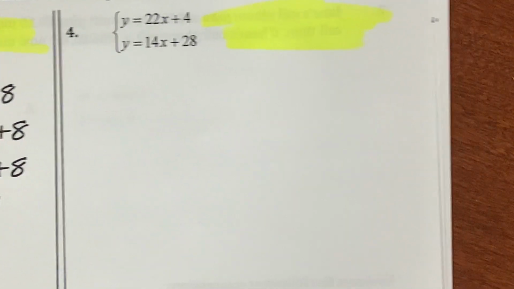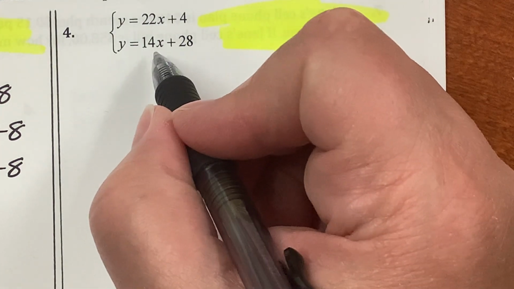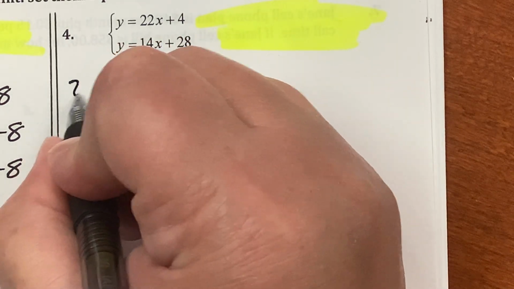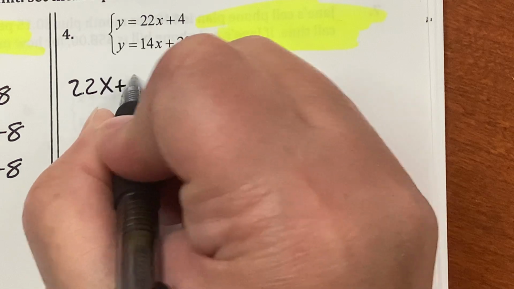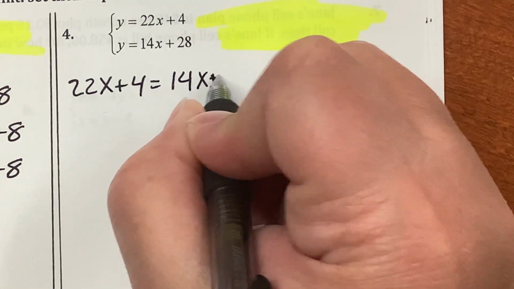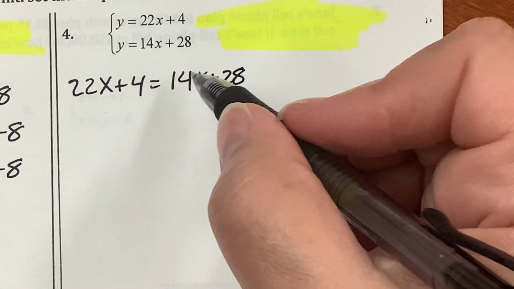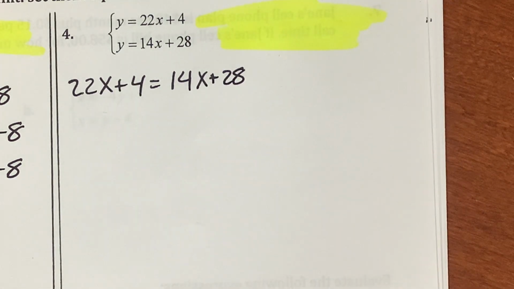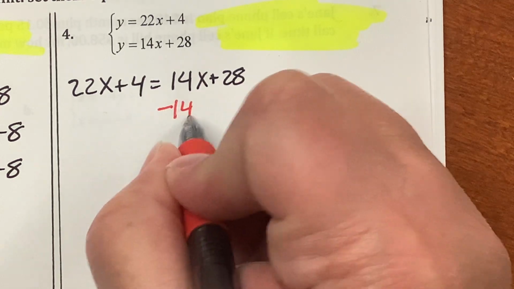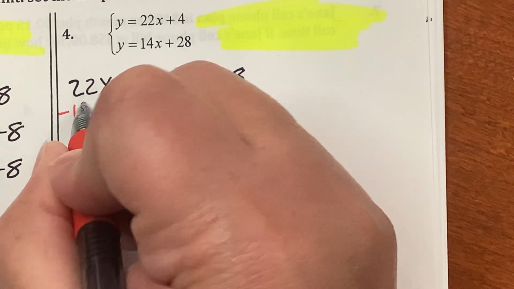All right, what's the solution for this one? Well, 22 is definitely bigger than 14, so 22x is going to go on the left. 22x plus 4 equals 14x plus 28. All right, I got to move the 14x to the 22x. The opposite of positive is negative, so subtract 14x from both sides.